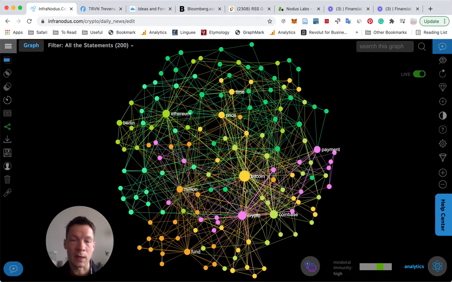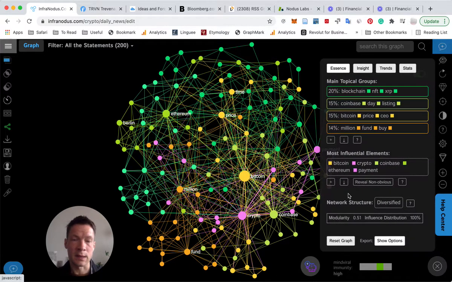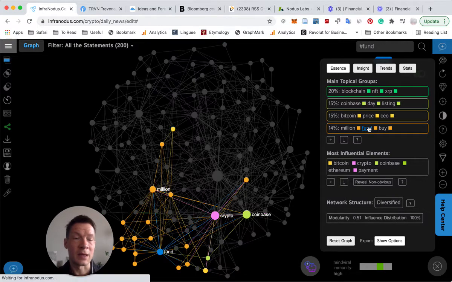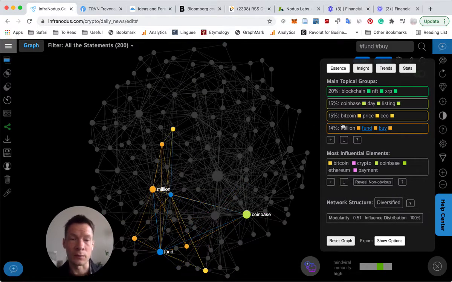And as you can see, I can also already detect some of the main topics that people are talking about today on the subject of crypto. So as you can see, there's a lot of talk about blockchain, NFT, XRP, Ripple coin, because it went down. Then Coinbase listing, still Bitcoin price, hedge funds buying into crypto.